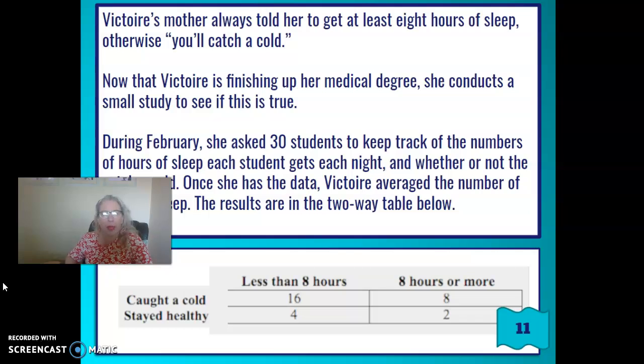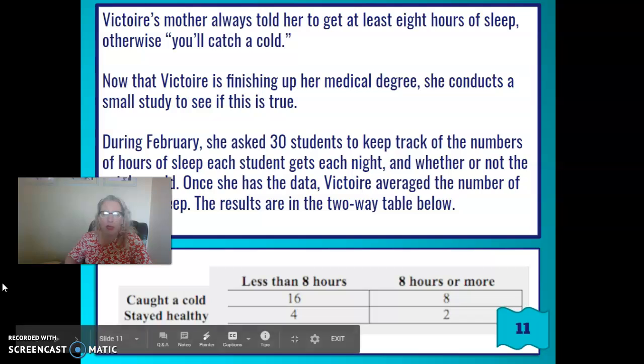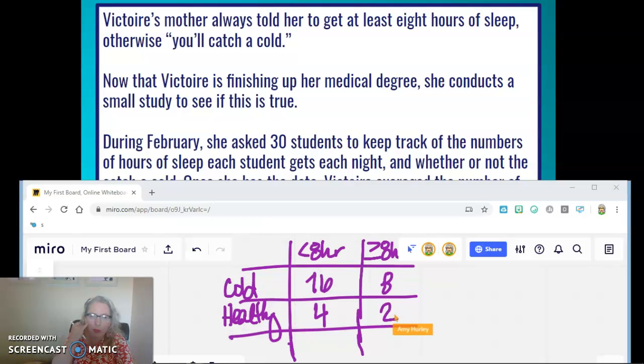This is a problem about someone who wants to know if catching a cold happens more frequently when you don't get enough sleep. So what we've done is we've made a two-way table after she asked her 30 students to keep track of their numbers. I've recreated this two-way table on this piece of paper so that I can total it up.